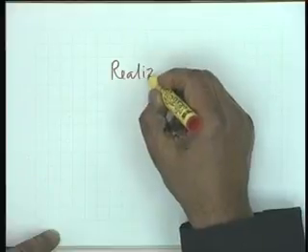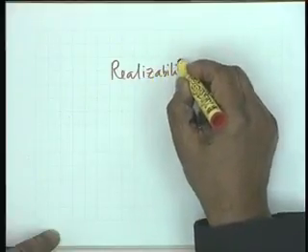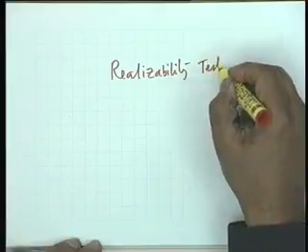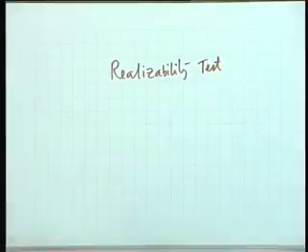Is the network realizable? If it passes the realizability test, then you look for a network which satisfies the given relationship between excitation and response. All right. And the solution to that problem is the solution to a synthesis problem.